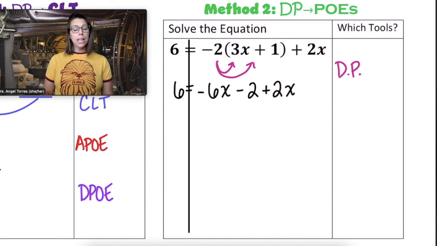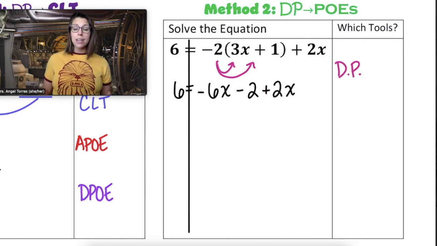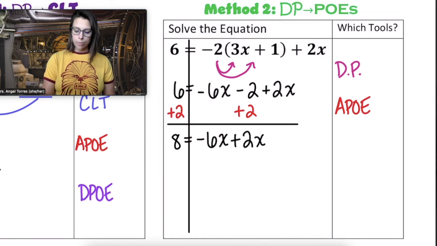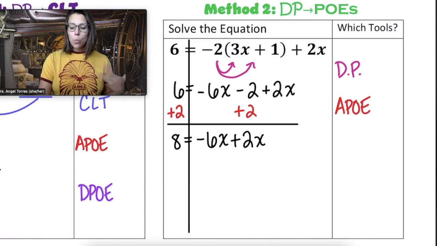Now from here, instead of combining like terms, if you recall from our previous video, we have a constant in the middle here, a -2. Anytime you have a constant on a side of an equation, you can always use a property of equality to make a zero term. In this case, since it's a -2, I'm going to apply APO and add 2 to both sides. Now, since we're left with 2 terms, but they're both variable terms, we cannot avoid using our combine like terms tool.